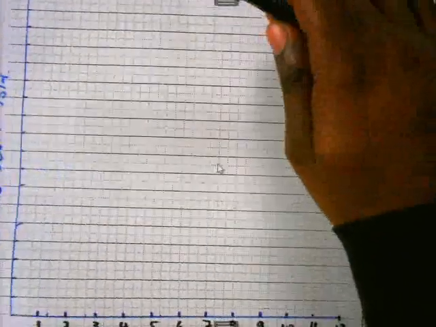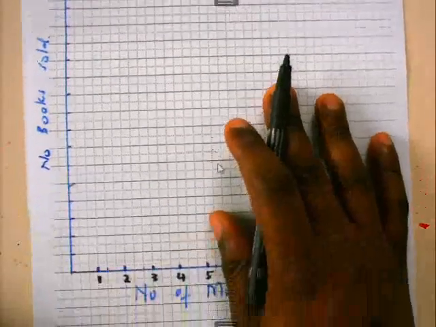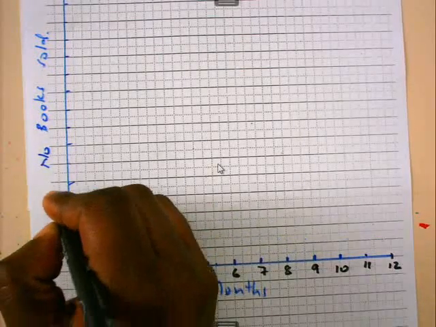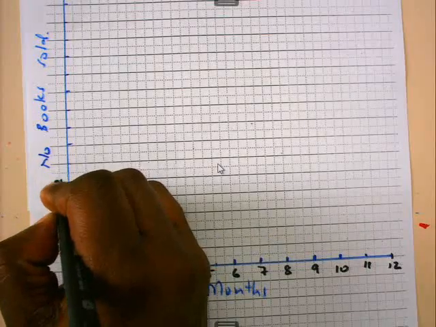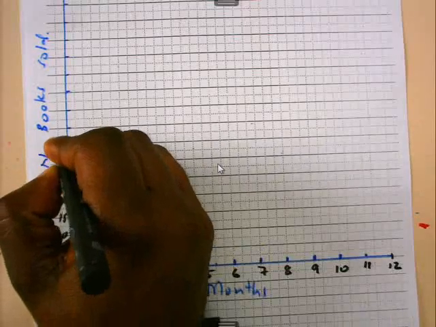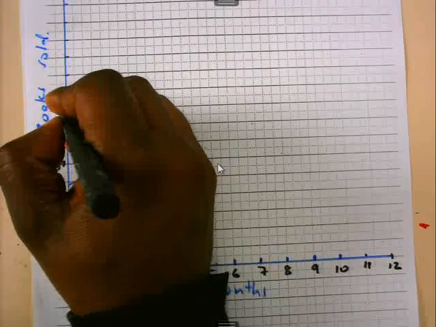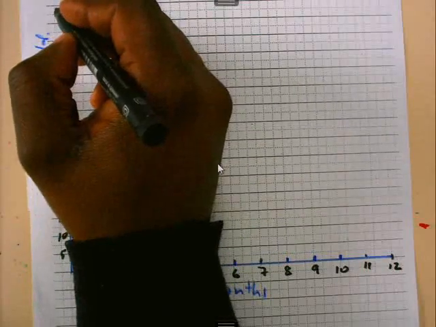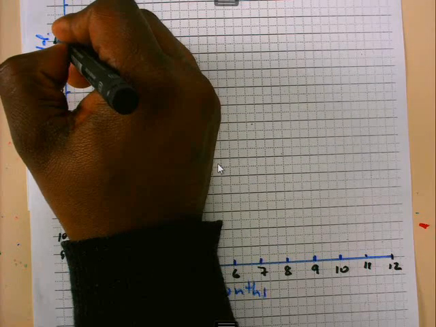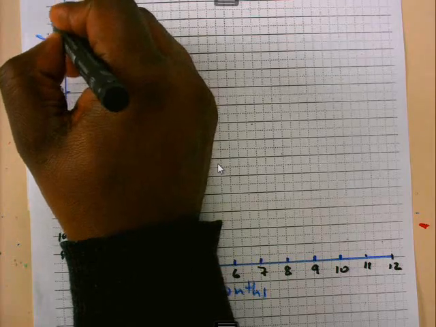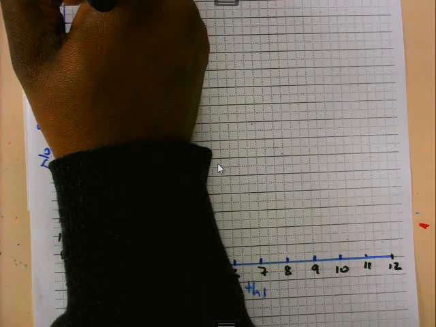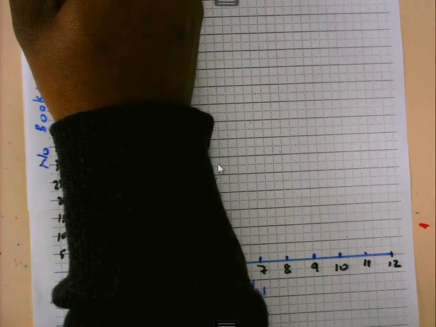So we can just keep an interval here because to capture all the books sold, we can just have an interval maybe of 5, 10, 15, 20, 25, 30, 35, 40, 45, 50, 55, 60, 65, 70, 75, 80, 85, 90, 95, we have somewhere there 100.